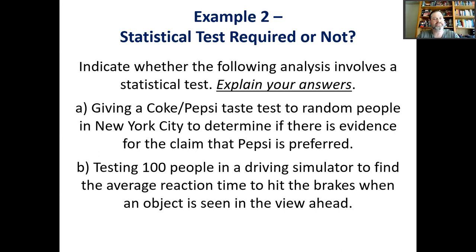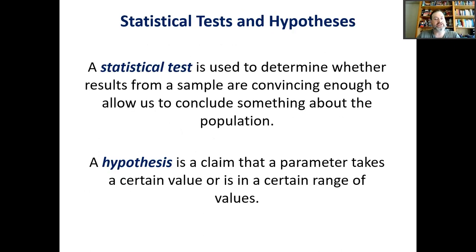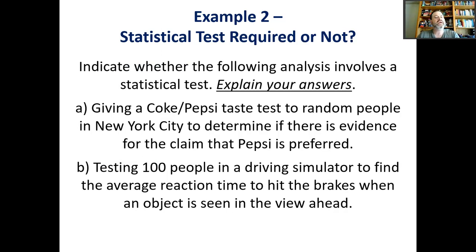Well, that's a hard word to say. So what we have to do is go back and look at the definition. A statistical test is used to determine whether results from a sample are convincing enough to allow us to conclude something. Is this question asking if the evidence is strong enough that we can conclude something?